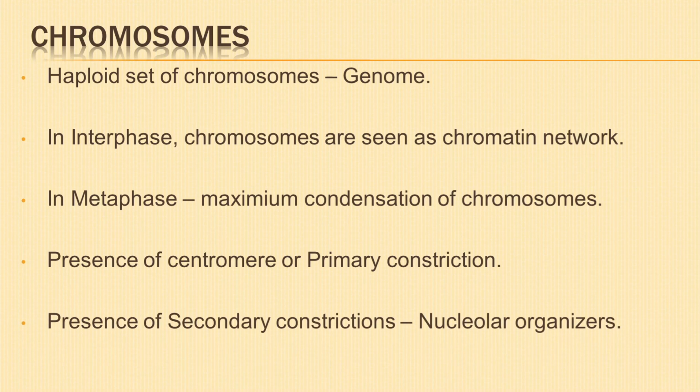Besides the primary constriction, the chromosome possesses secondary constrictions. Some of the secondary constrictions are called nucleolar organizers because they play a vital role in the formation of nucleolus.